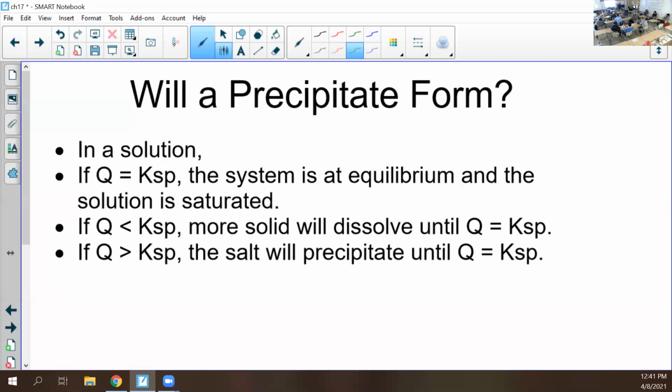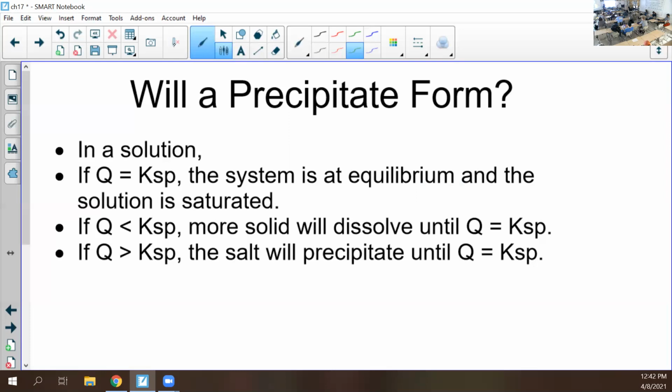Q is the Ksp expression value at a certain condition and time. So I give you the values, you plug them in and calculate it, and then compare it to K. We wouldn't relate these to temperature, because that's whole math we haven't studied.